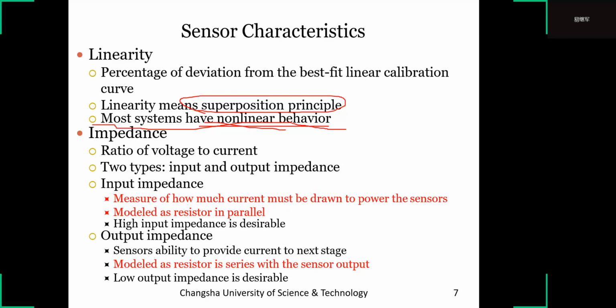Impedance is the ratio of voltage to current, electrical. We know impedance is the ratio of voltage to current. The two types are input and output impedance. Input impedance is a measure of how much current must be drawn to power the sensor, modeled as a resistor in parallel.